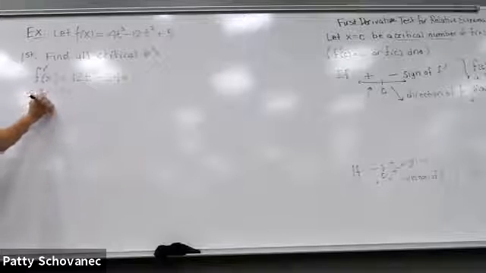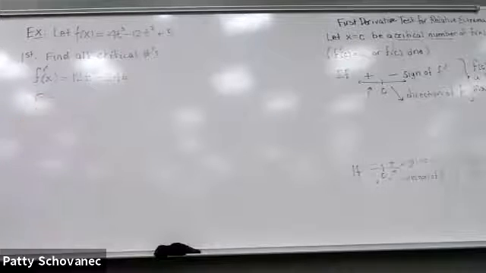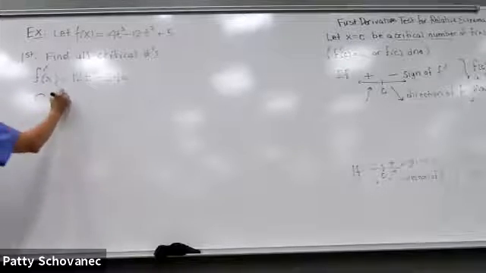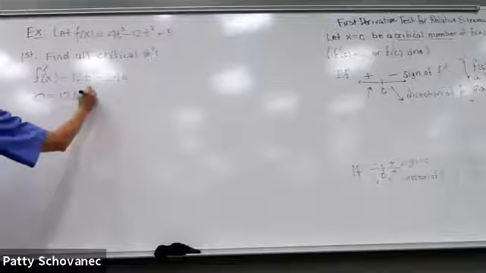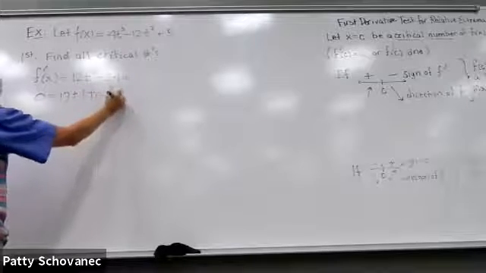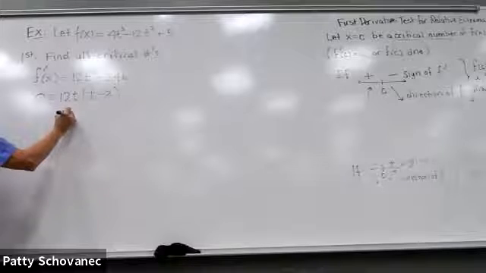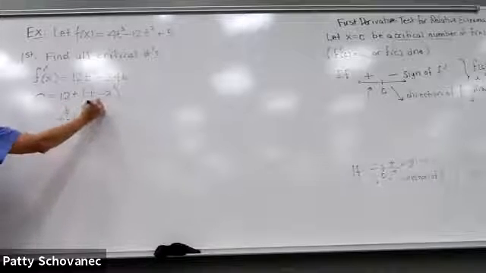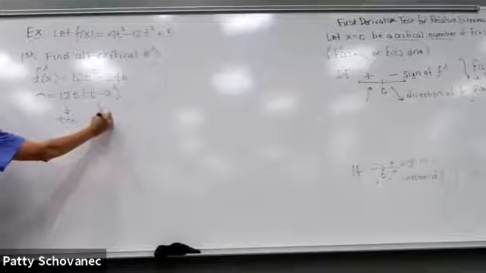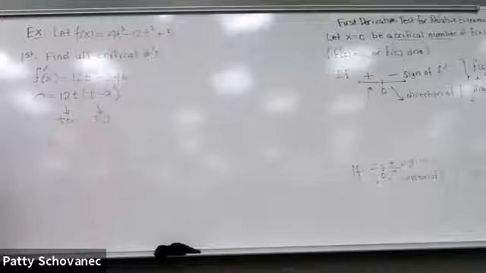And as I do that, I'm going to pull out my common factor of 12t. My other factor is t minus 2. And I'll set each factor equal to 0 and solve for t. And I get t is equal to 0 and t is equal to 2. Now I'm going to make a number line, put those in order on the number line.